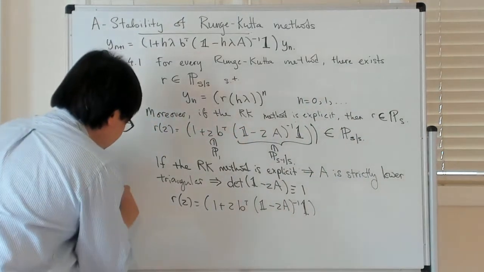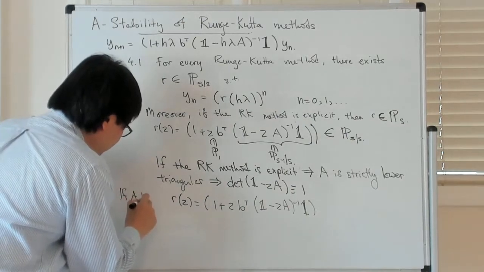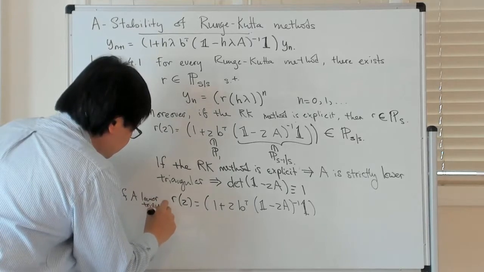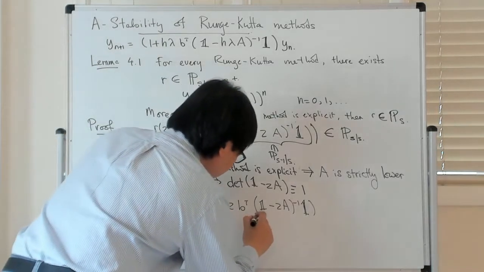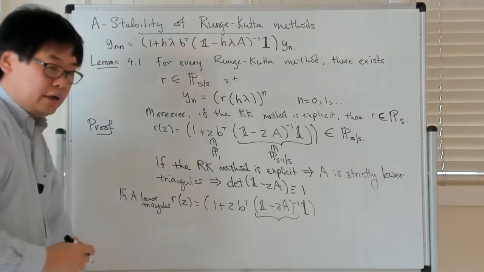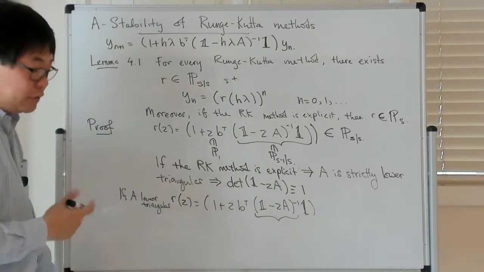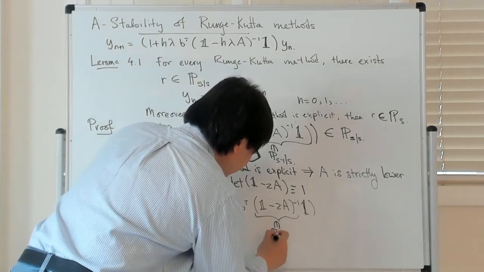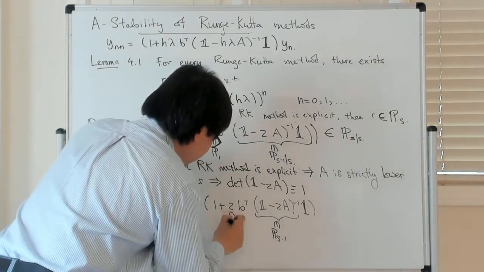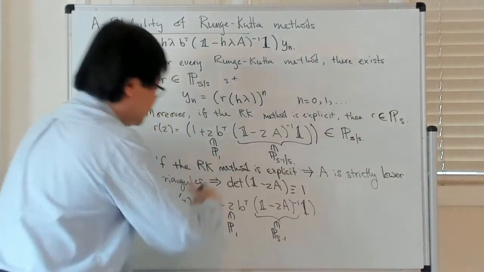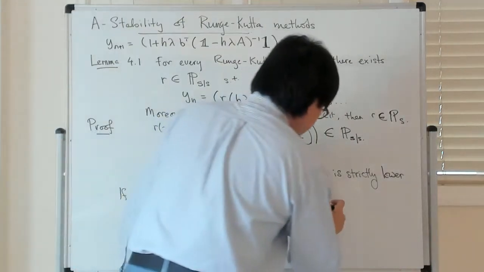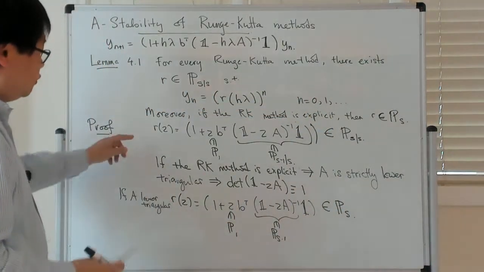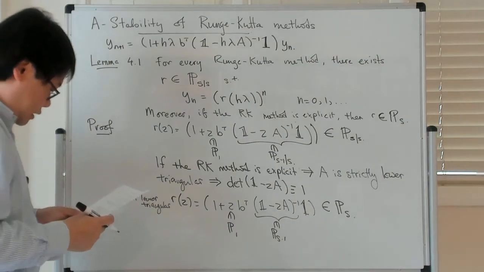And if A is lower triangular, then this inverse is no longer a rational function of degree (s, s), but it's now just a polynomial of degree s minus 1. This is a polynomial of degree 1. So the whole thing is then a polynomial of degree s, which is what we wanted to prove before.